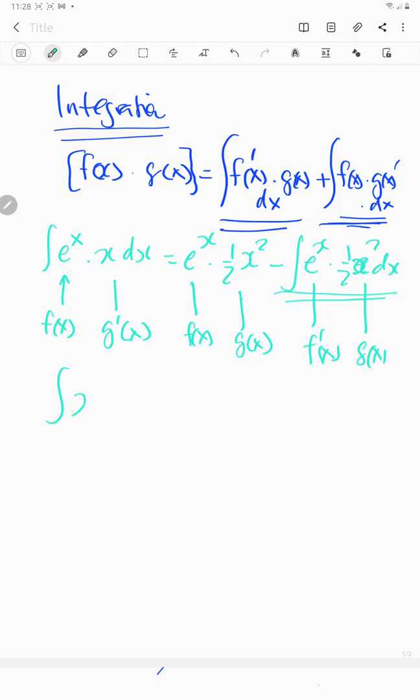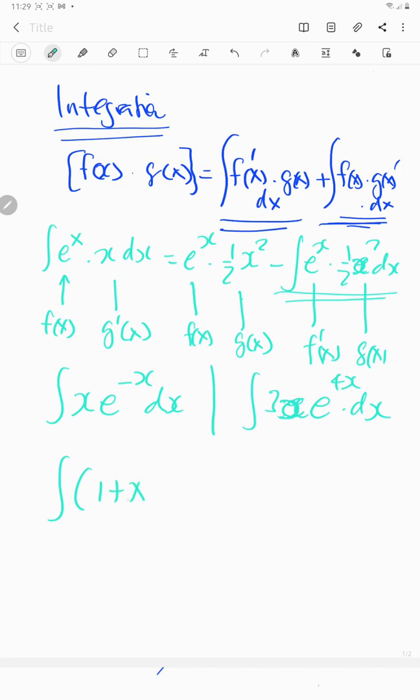You can check this one, the integral of 3x exponential of 4x dx, and also the integral of (1 plus x squared) e^(-x) dx. I want you to look at these just to use the equation.